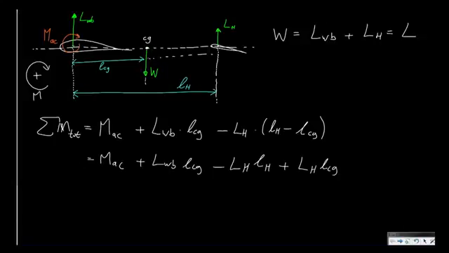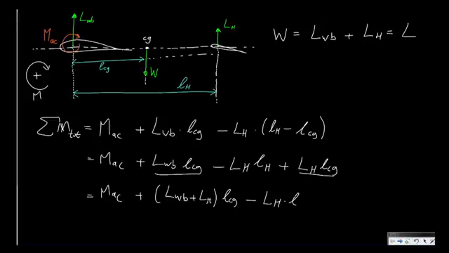Then we can see that these two are both multiplied with LCG, so we can also write this as MAC plus the lift of the wing body plus the lift of the horizontal tail times LCG minus the lift of the horizontal tail times little LH.